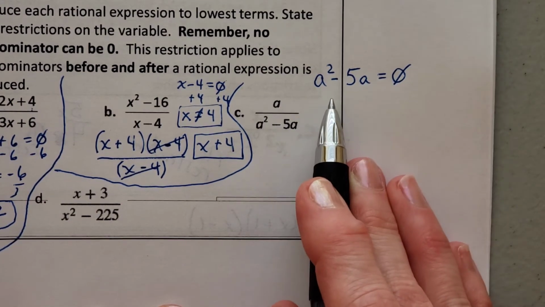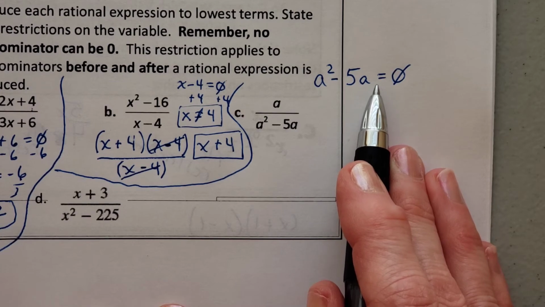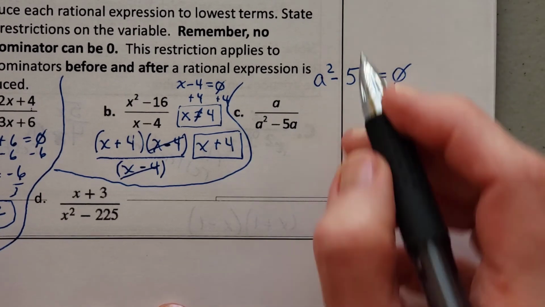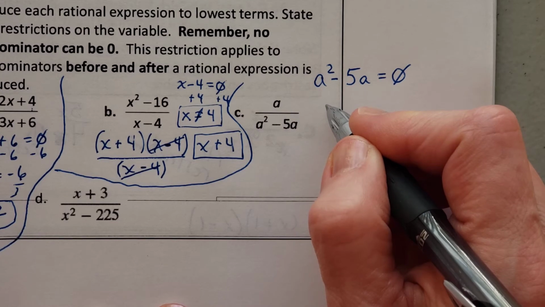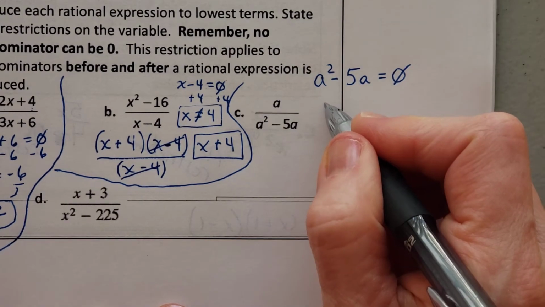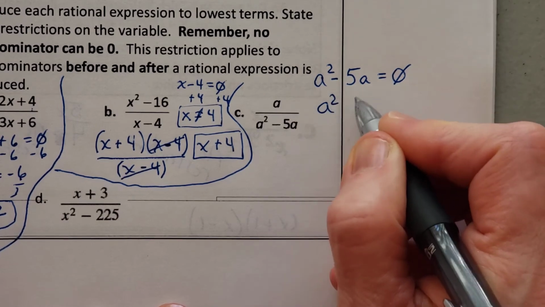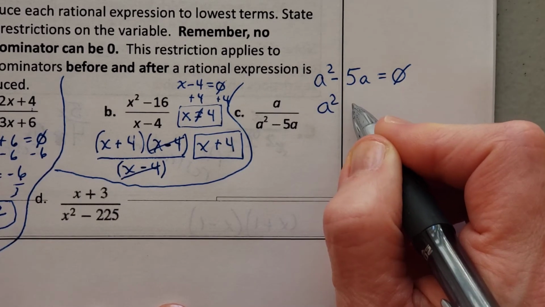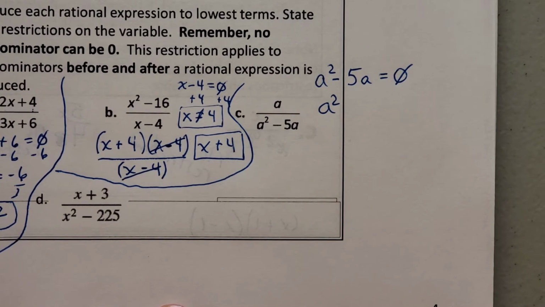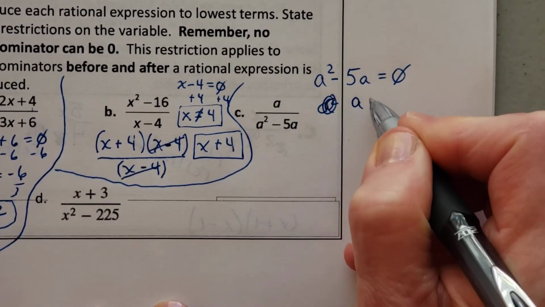Actually, let me, all right, so can I simplify this? Let's see. Well, if I pull a out, well, I have to set it equal to 0. So what I'm going to do is I'm going to add 5a to both sides. I don't think that's going to work. Let me see if I can pull out an a.